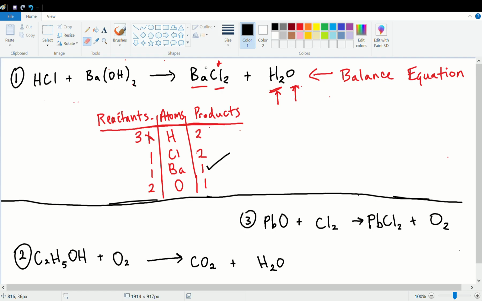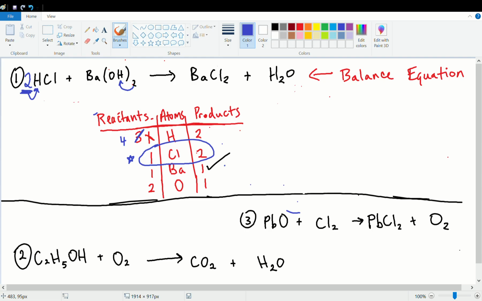So let me go ahead and erase some of my marks so that this is less confusing up here. And so what I'm going to do is I'm going to use blue, and I'm just going to focus on the chlorine for now. And I notice that I need more chlorines on the left-hand side. So in order to do that, I'm going to put a 2 out in front. And when I put a 2 out in front of the HCl on the left-hand side, that changes my hydrogens to 4 in total, because I have 2 right here, and I also have 2 right here.